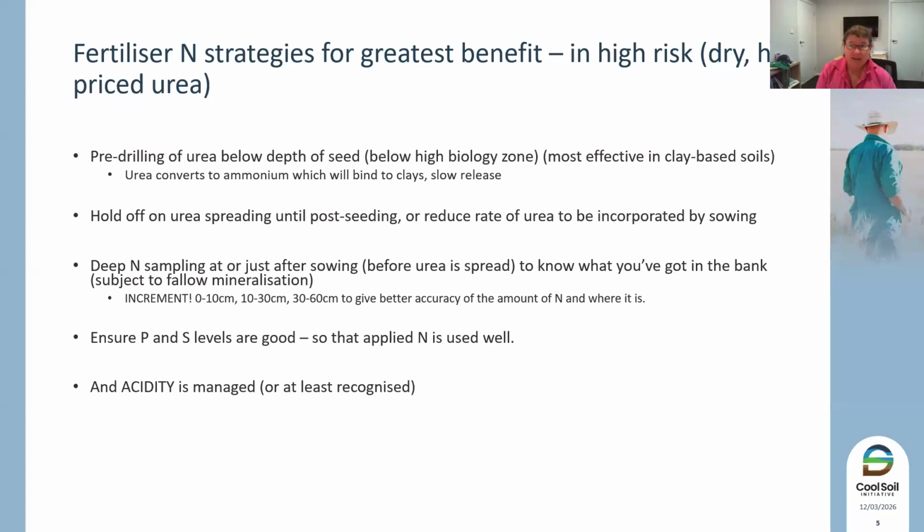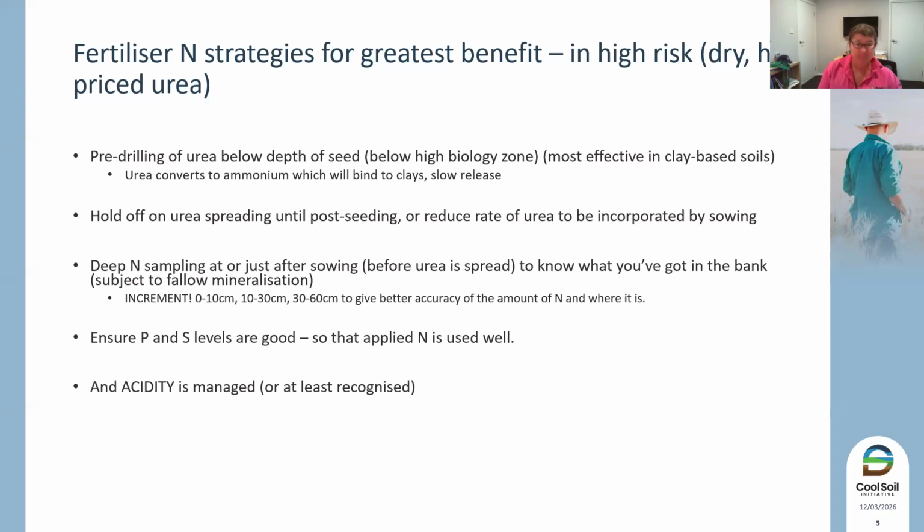If we've got paddocks that we've identified are really low in pH and highly acid with high levels of aluminium, then they may not be the paddocks that we take a risk on in terms of high inputs for this year.